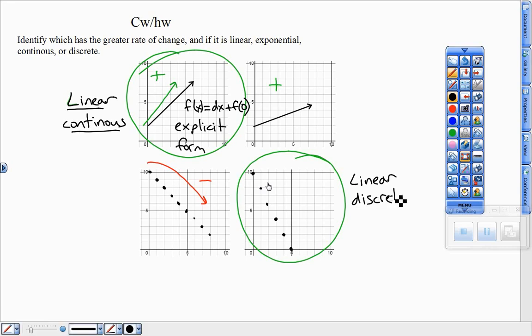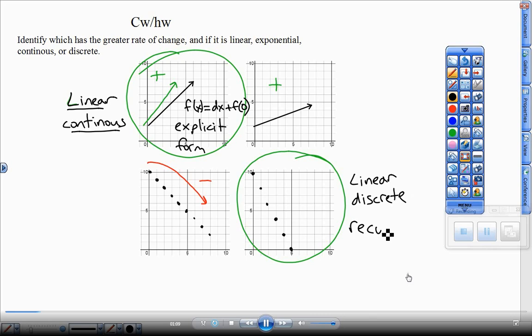If I had to write an equation for that one, that would be a recursive form equation. And of course that is f of x equals f of x minus 1 plus d. But in this case, since I'm going down, I'm going to write it f of x minus 1 minus d. That would be the form for that equation right there. Okay, the next problem.